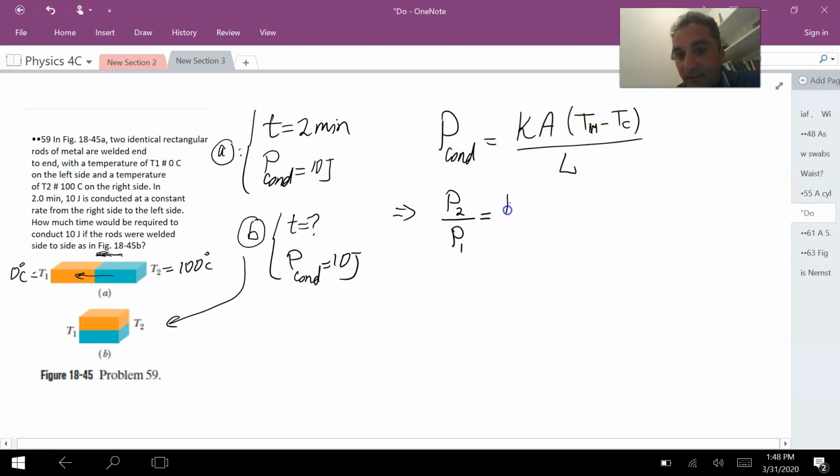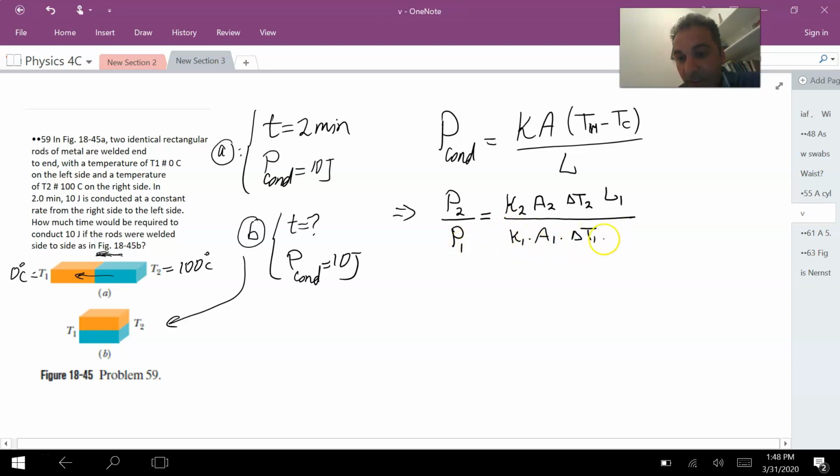So I can write it: K2, A2, delta T2. L is in the denominator, so here I'm going to write L1. Then this will be K1, A1, delta T1.